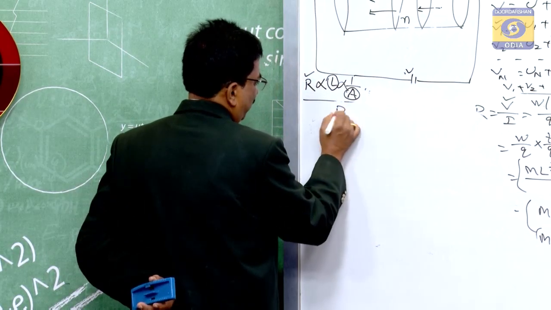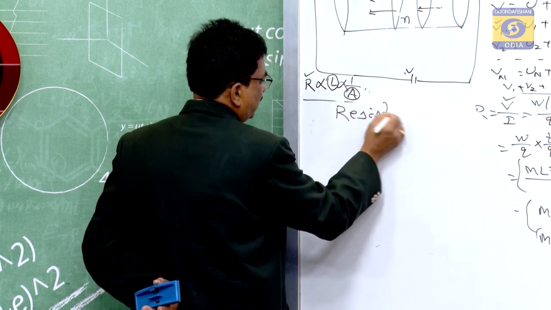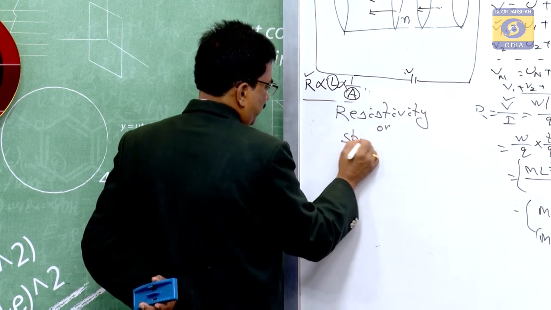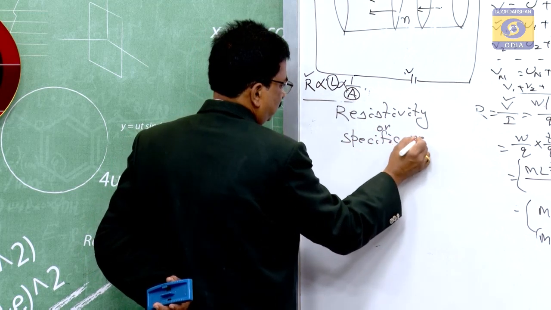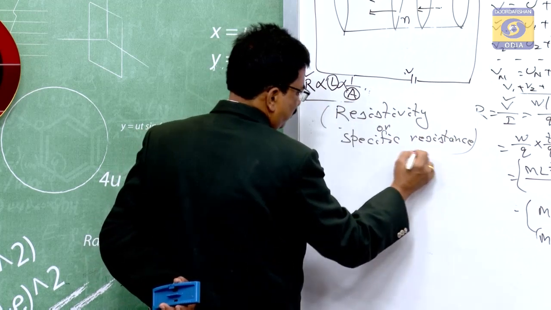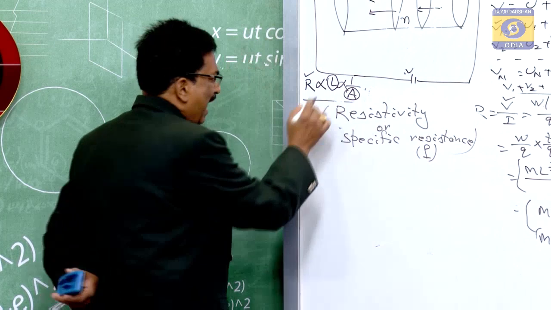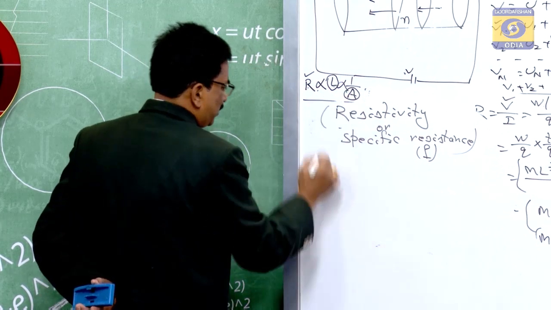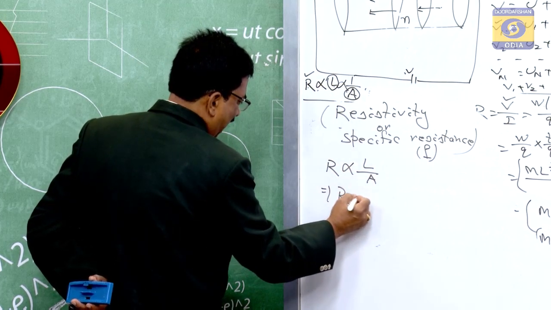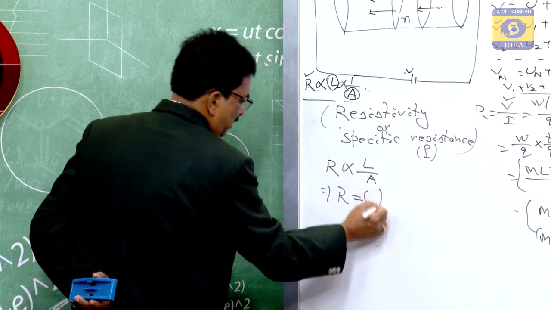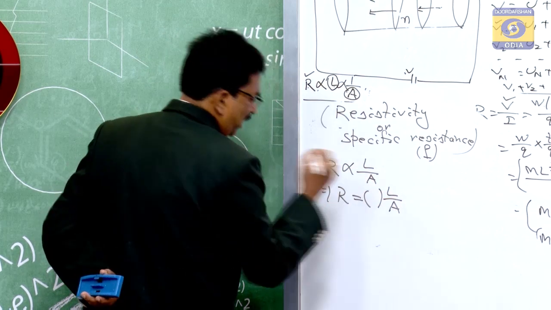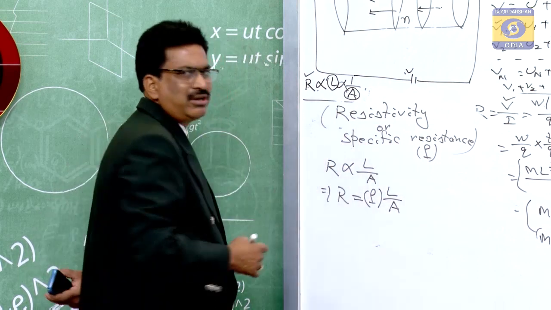Next term, as per your syllabus, is resistivity or specific resistance, whose symbol is rho. As we have written, R is proportional to L and R is proportional to 1 by A, which means R is proportional to L by A. If we make it equal, then some constant will arise, so R equals that constant times L by A. And this constant is called rho.